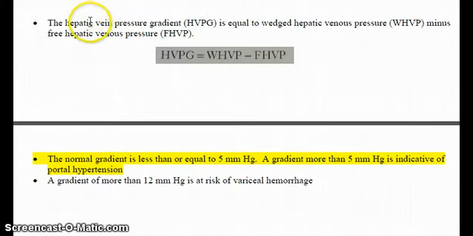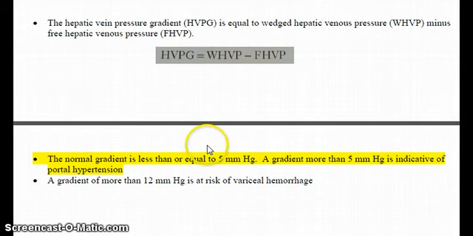The hepatic vein pressure gradient formula is wedged venous pressure minus free hepatic venous pressure. The normal gradient is less than or equal to 5 millimeters of mercury. So let's say that the free hepatic pressure is 5, because that would be your normal venous pressure.